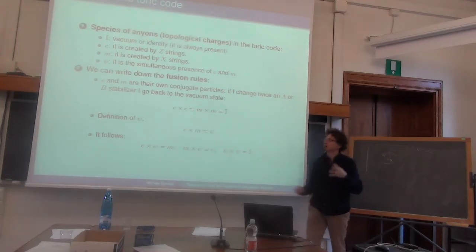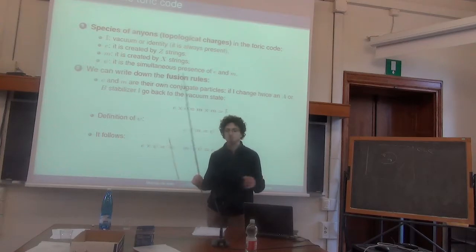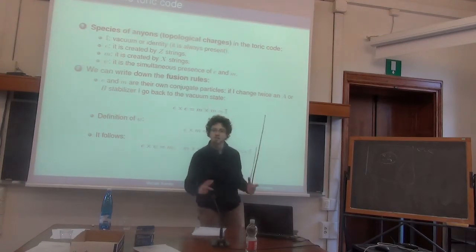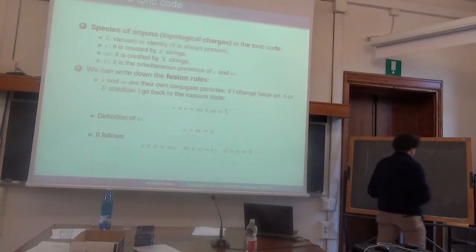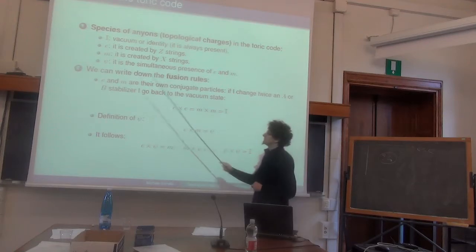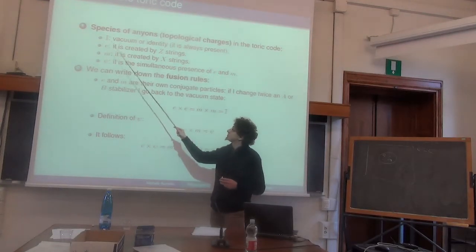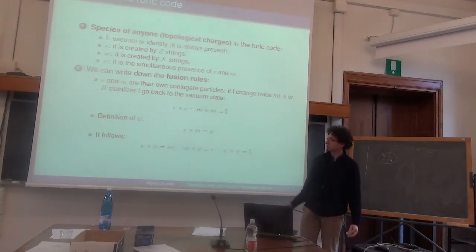These charges characterize not only the elementary excitation in the system, but also whatever subset of these elementary excitations you want to describe. So, for each combination of these charges, we must distinguish what the fusion rules are.